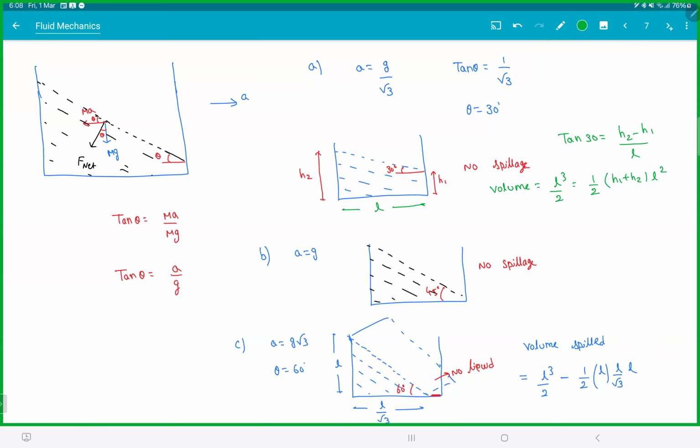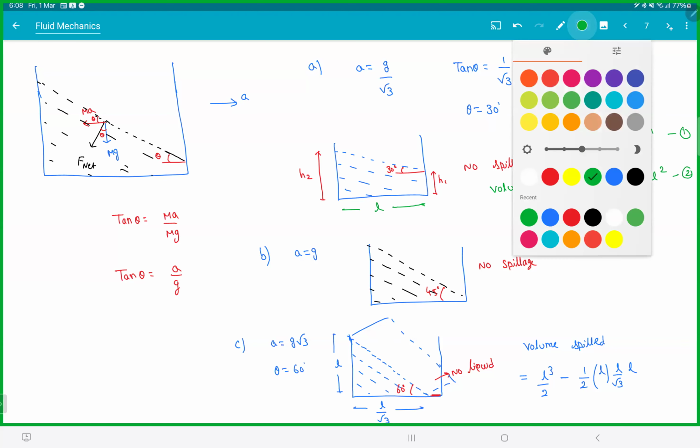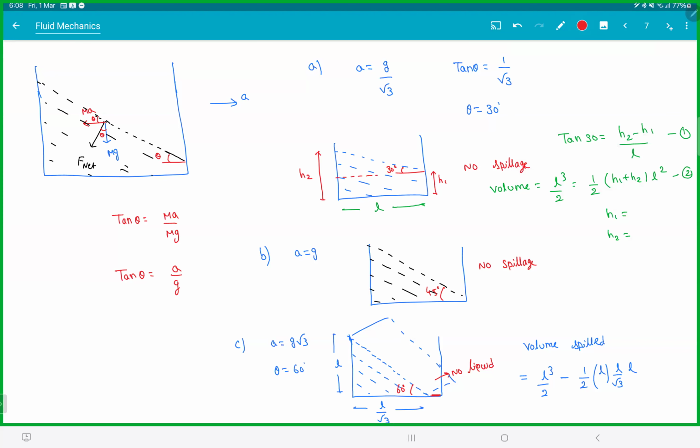Two equations, two unknowns. From here, you can find H1 and H2. Check it out. You can conserve volume and you can write tan theta is the opposite side, the difference by the base. So this is the first thing.